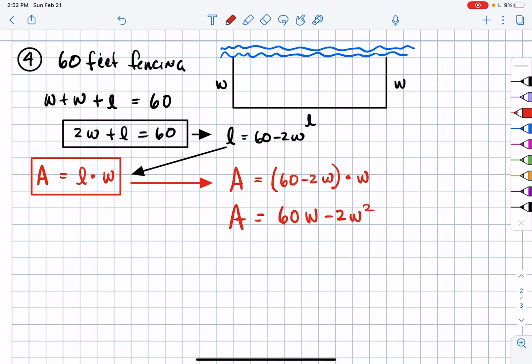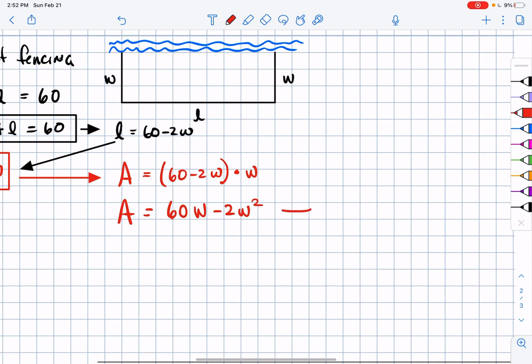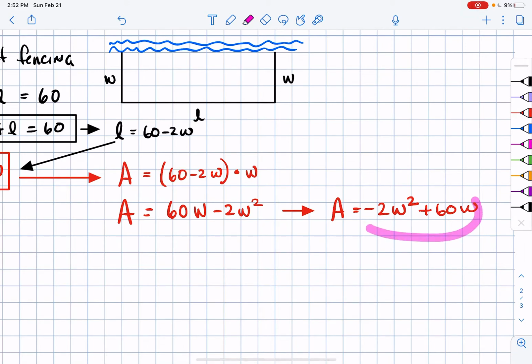Oh, wait a minute. Look at that. So you're telling me that I can actually rewrite this as A is equal to negative 2W squared plus 60W. Ooh, look at that. That's like a quadratic function, isn't it? All right. So let's just focus on just this piece right here.